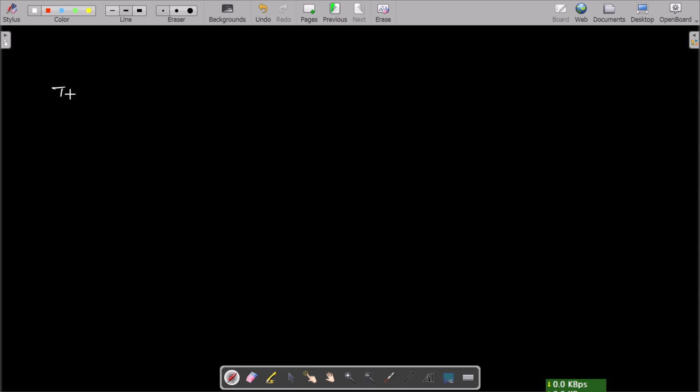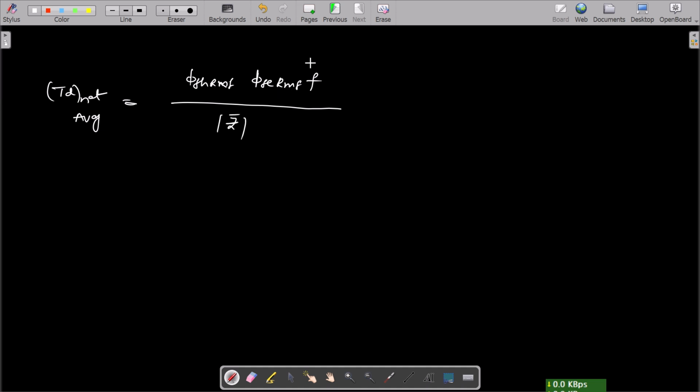That is, TD net average value will be equal to phi sh RMS and phi sc RMS f divided by mod z, into sin of beta minus alpha plus sin of beta plus alpha.